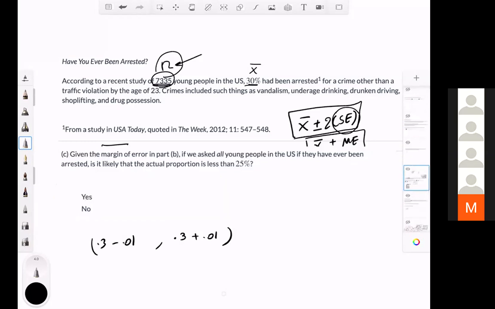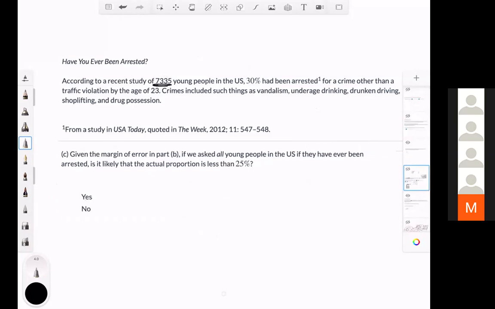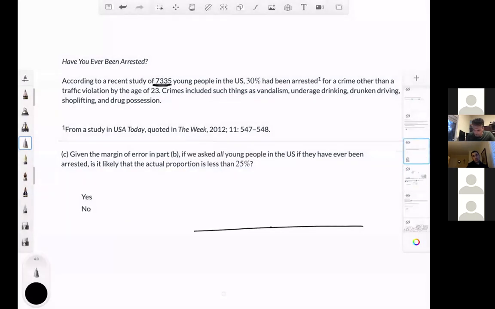Let's have part C. Is that yes or no? Given the margin of error, the margin of error was 0.01, correct? So now we find the interval. For example, 0.3 was here, 0.29, 0.31.